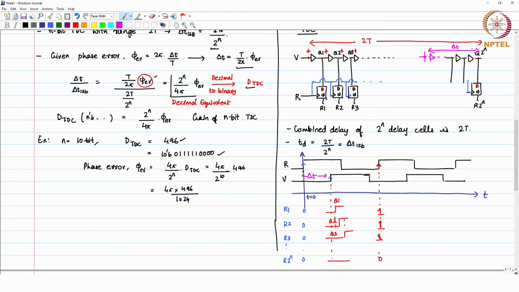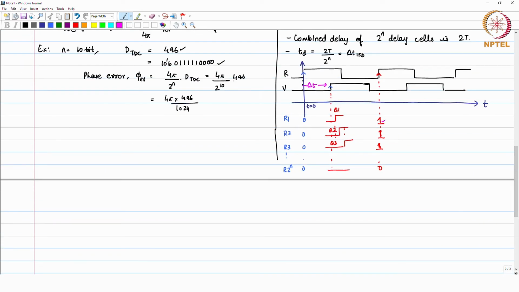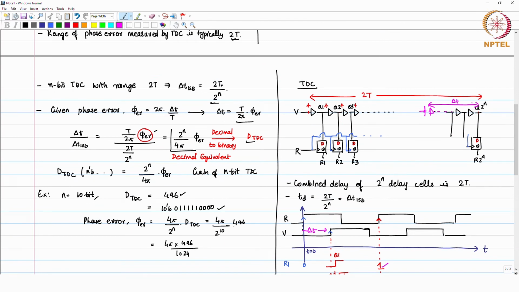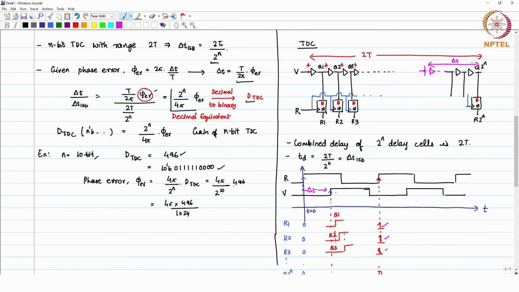So, when you sum up all these register values, you will find that you can easily calculate this delay. So, the range is 2T, and you have this delta t. Whatever value you get at that point, you can find its decimal equivalent.